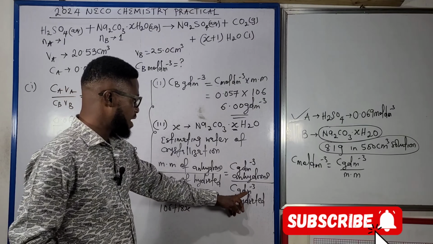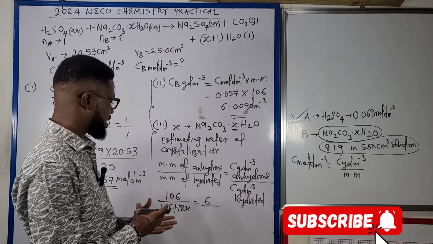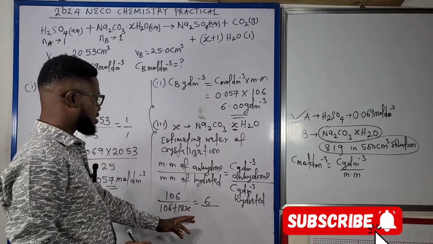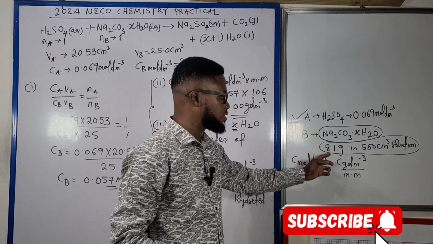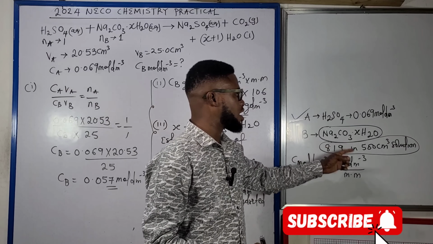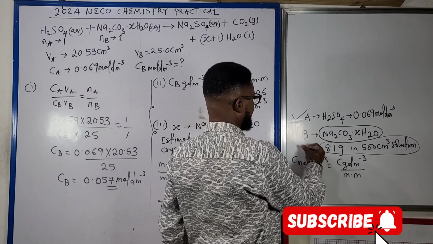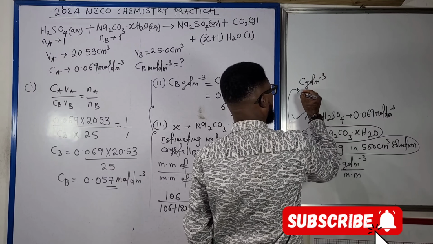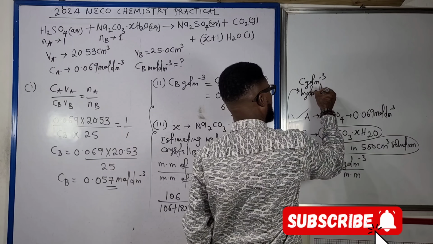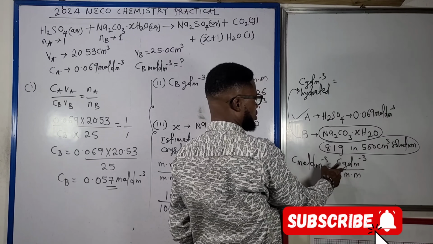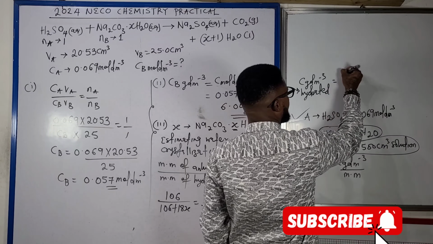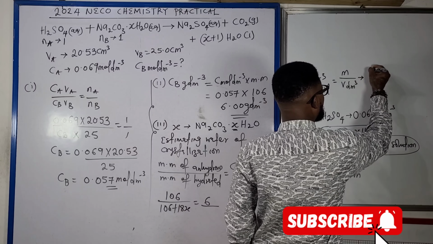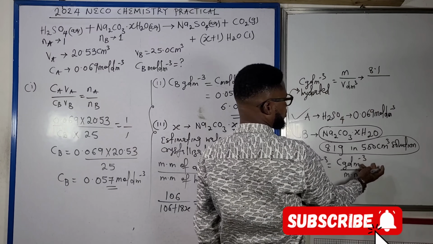Now, concentration in gram per dm cube of the hydrated here, what we calculated is for the anhydrous. For the hydrated, we go back to what we were given in the question. It says 8.1 gram in 500 cm cube. So the concentration in gram per dm cube of the hydrated is the mass divided by the volume in dm cube, so 8.1 divided by 500 cm cube.